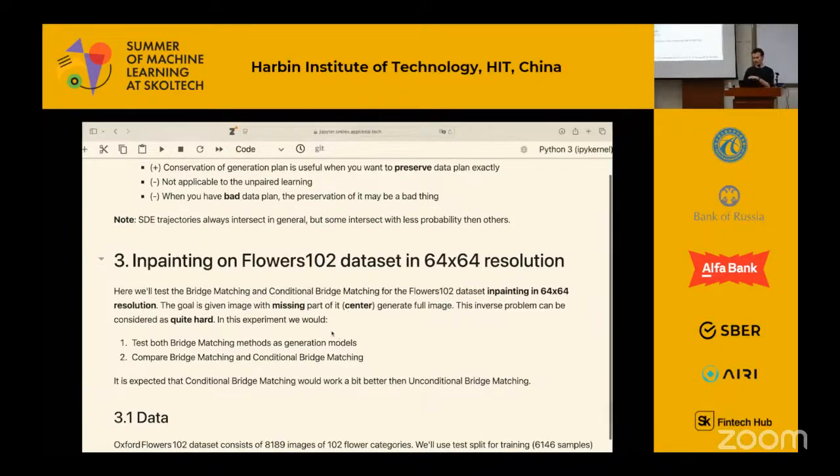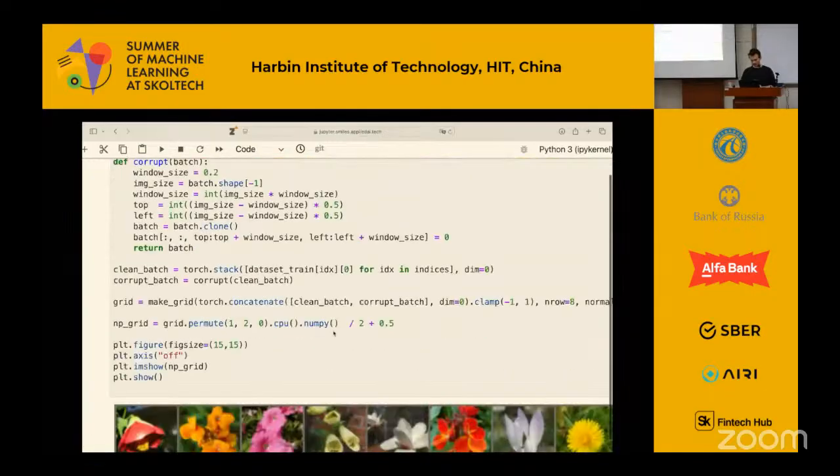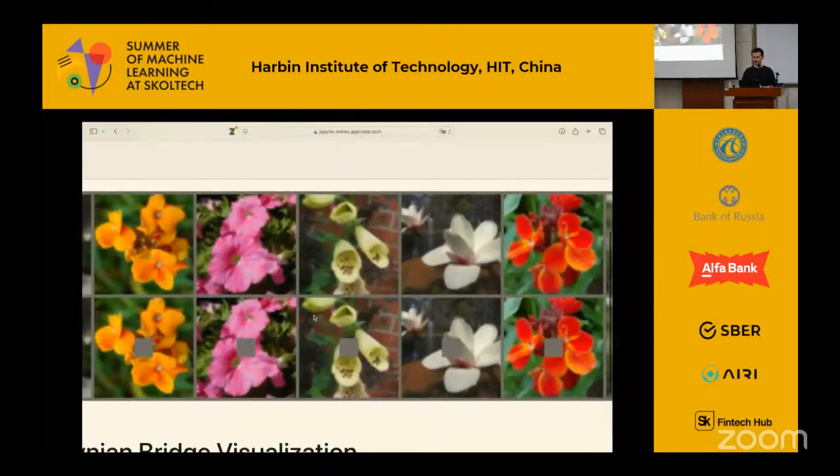So we will take a look at the problem of inpainting on the Flowers 102 dataset in 64 by 64 resolution. So what is inpainting? It is when you have some kind of an image, but this image does not have a center. The center of this image is just black.